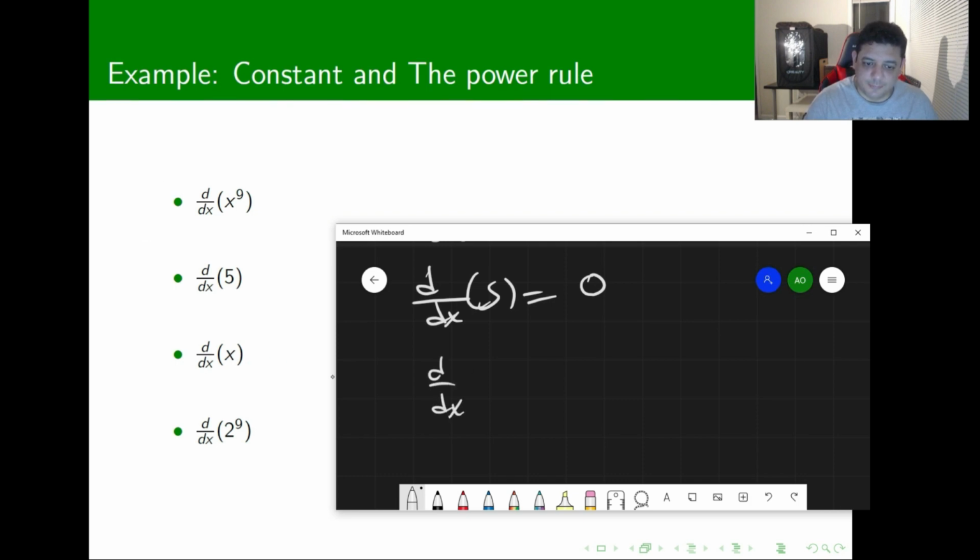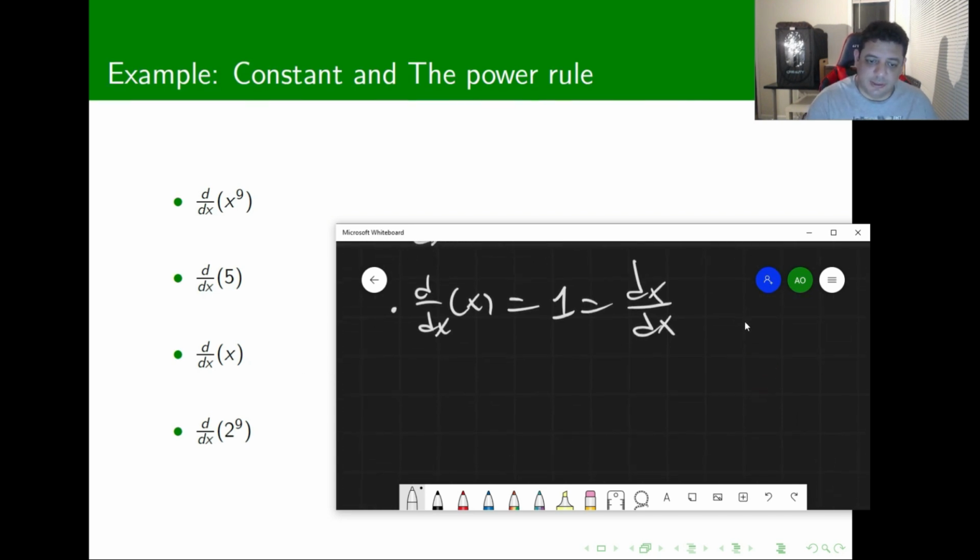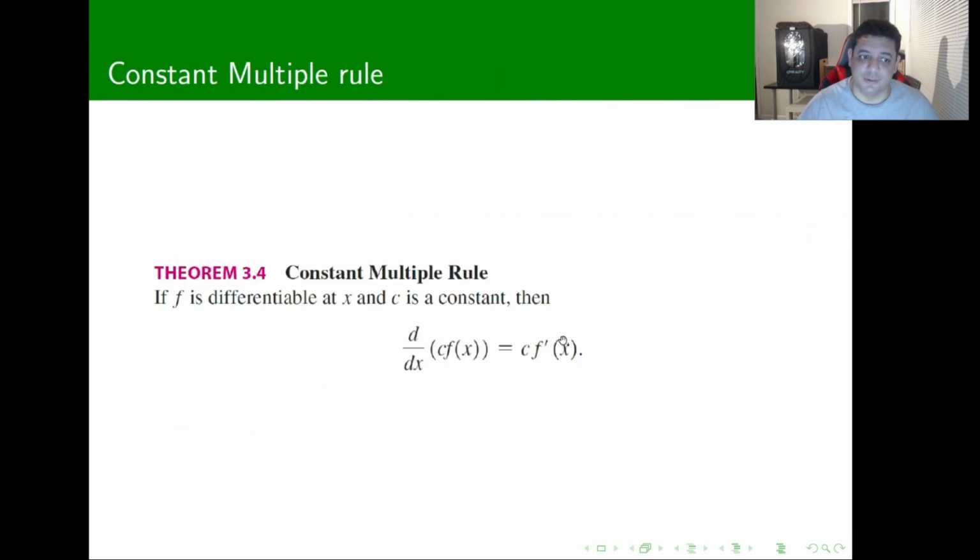Derivative of the function x will be 1. And notice that this is equivalent to dx over dx, so it kind of makes sense that it's a 1 in this notation. And now 2 to the 9 is a big number that I don't know at this point. You can use your calculator to know what it is, but it's going to be a constant. So that's why we always get that this is 0 regardless of having a power. So don't be confused by that.